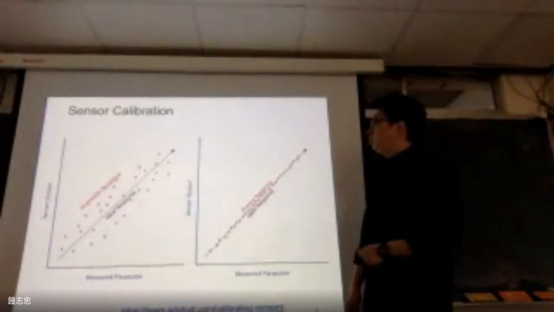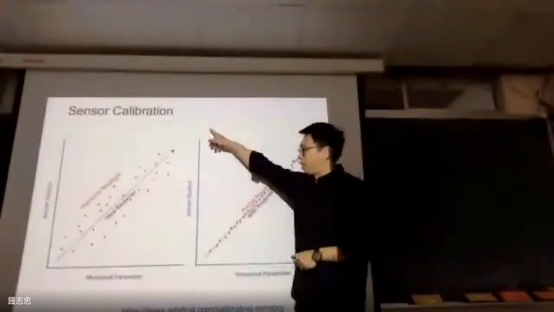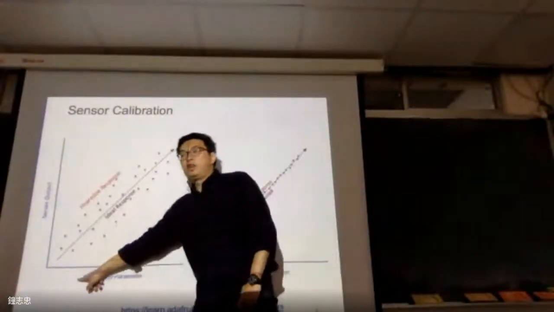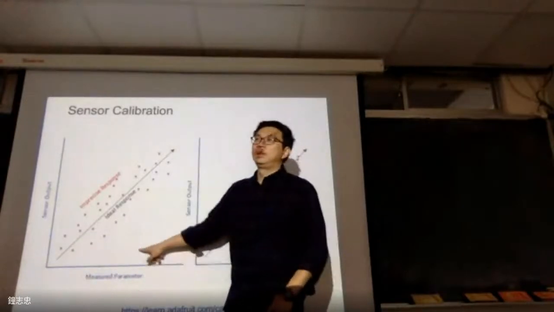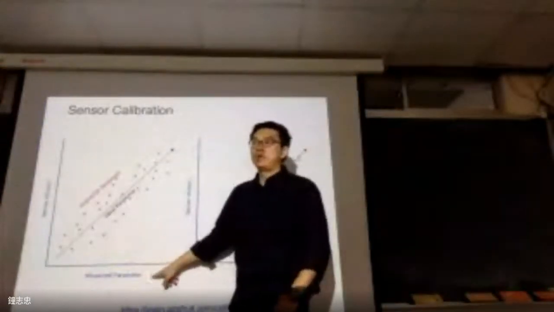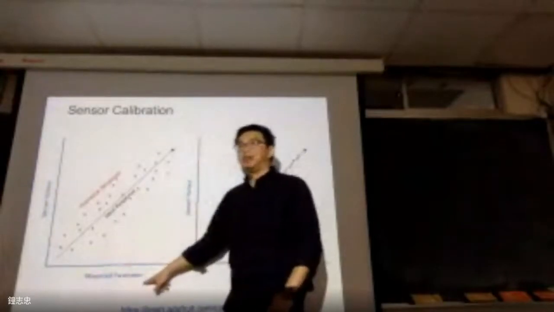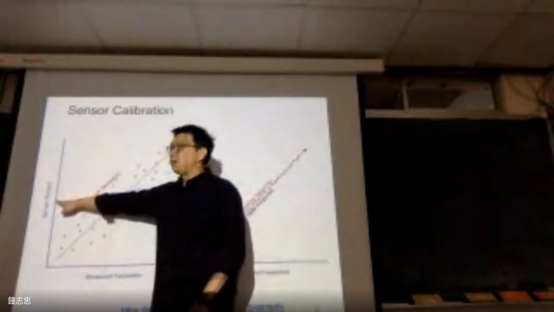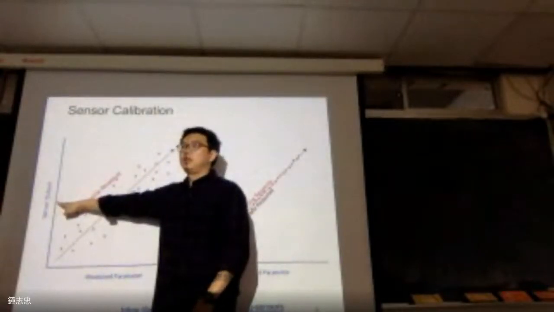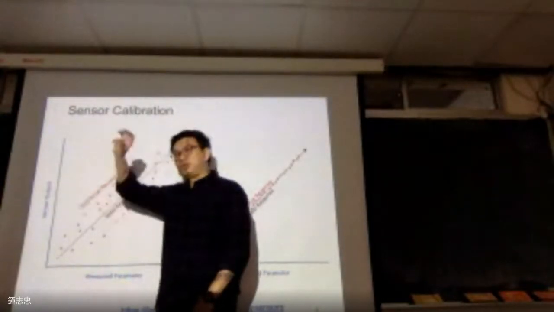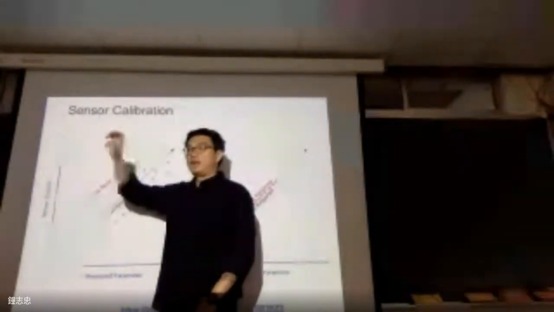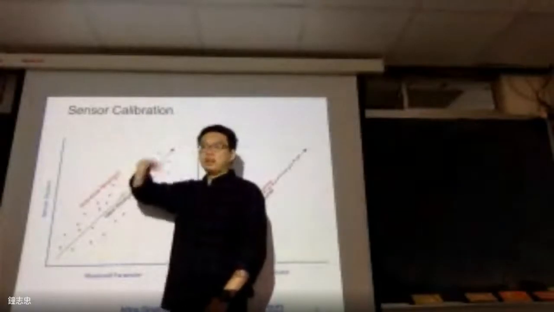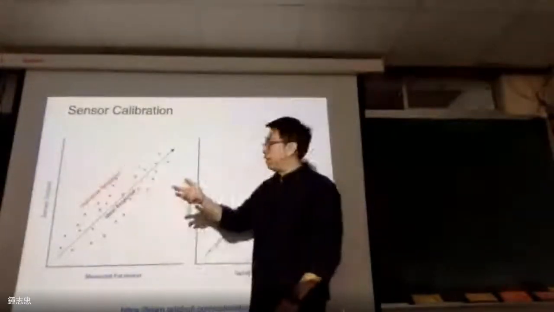I also showed you the idea of sensor calibration. One axis is the real index, for example the pressure or the displacement. The other is the measured response from the transducer or sensor, mostly in terms of electrical voltage or current.